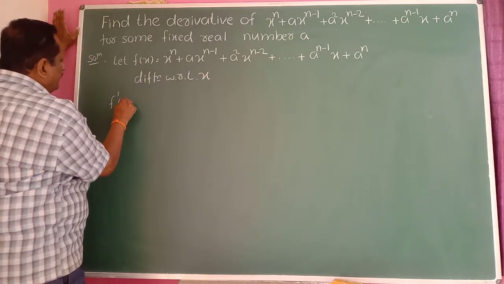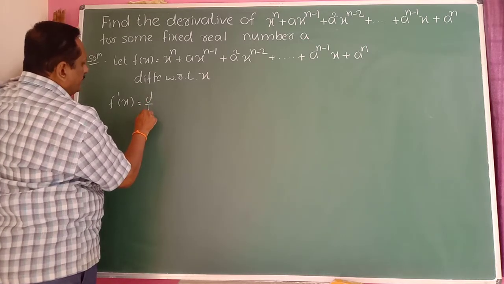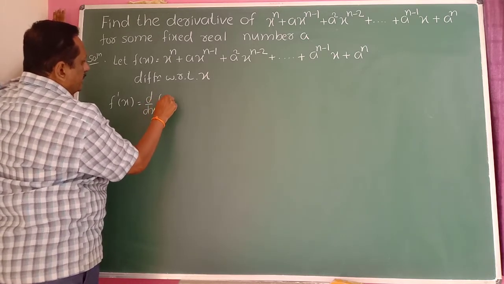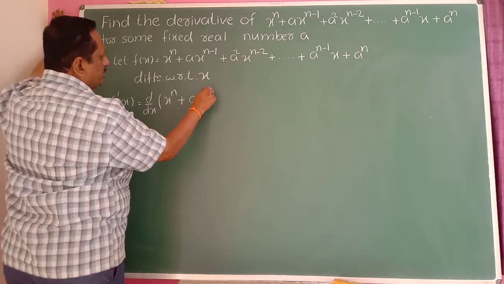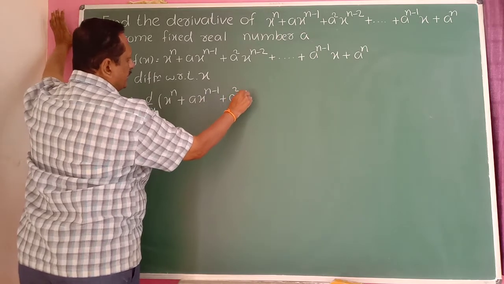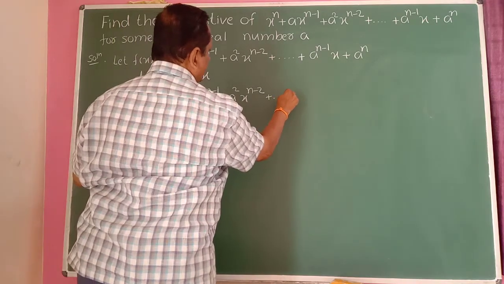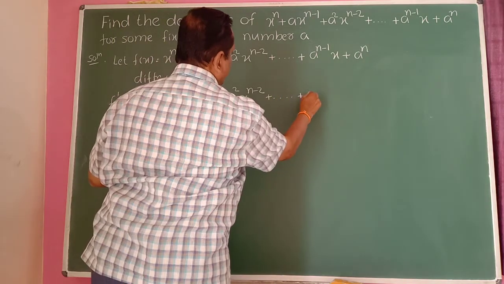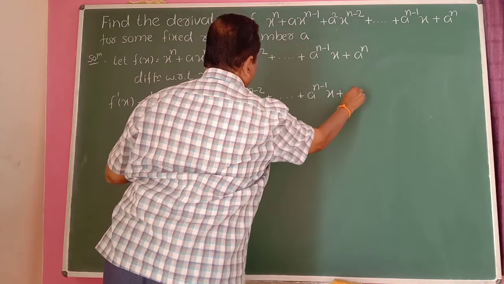Hence f dash of x is equal to the differentiation of x raised to n plus a x raised to n minus 1 plus a square x raised to n minus 2 plus, continuing, plus a raised to n minus 1 into x plus a raised to n.